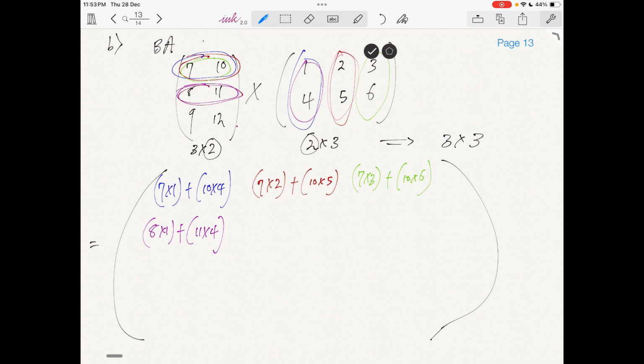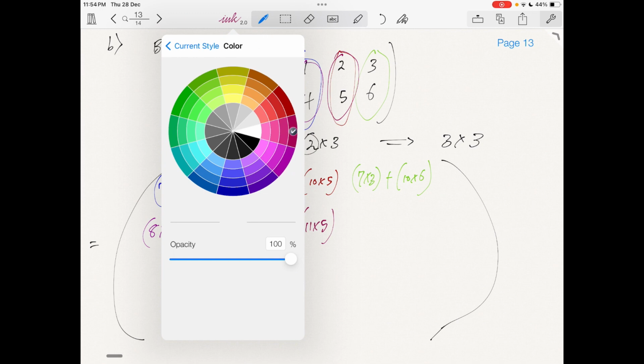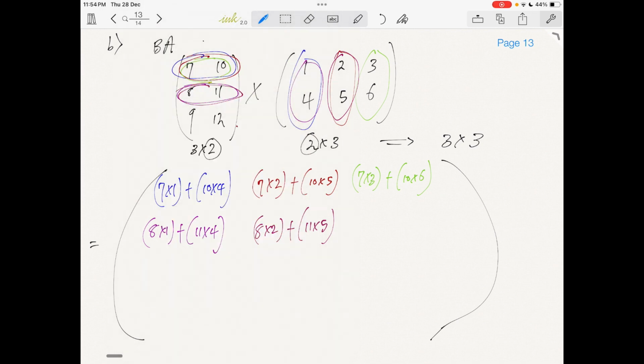That's 8 times 2 plus 11 times 5. Thereafter we look for shades of color, so let's pick yellow. Hopefully it's a good color. We are still on the second row, so we have the second row by the third column. That will give us 8 times 3 plus 11 times 6.